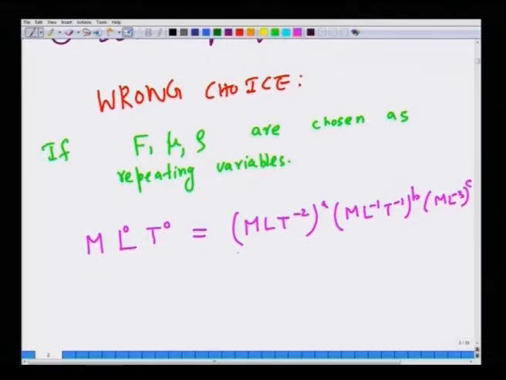If I can find a combination of a, b and c such that this is satisfied, that means we have found a way to non-dimensionalize mass with a combination of f, mu and rho.